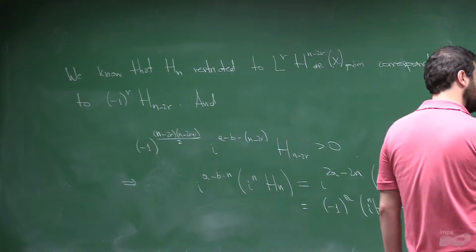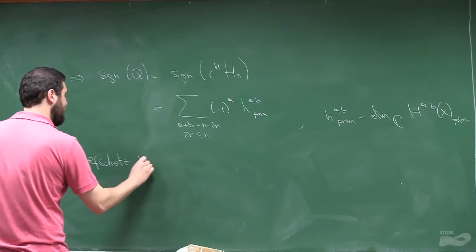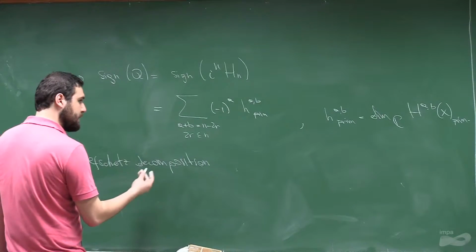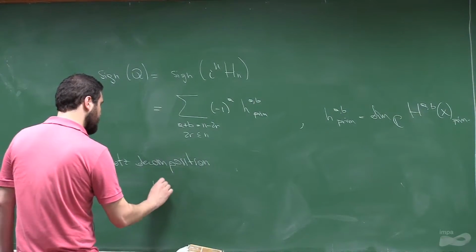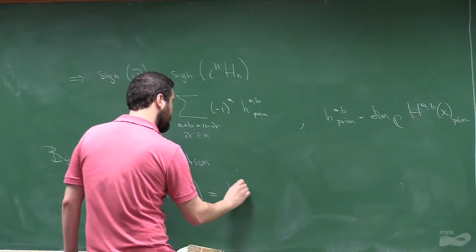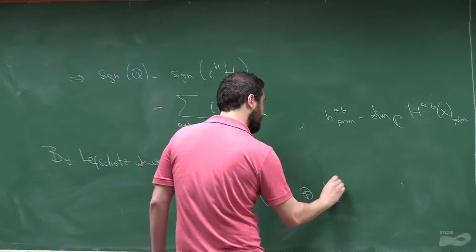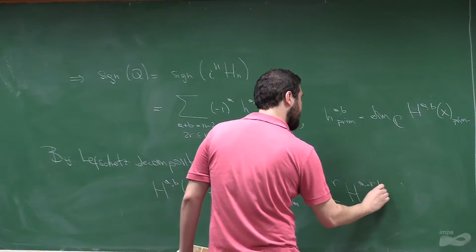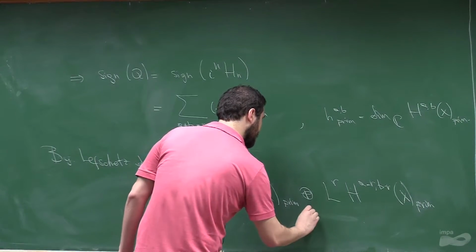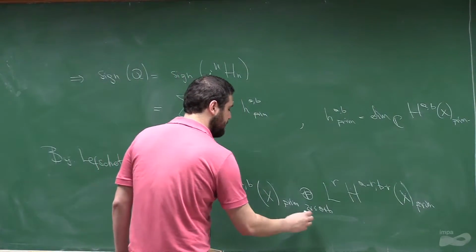And so again, now we know by Lefschetz decomposition that H^{a,b}(X) will be equal to H^{a,b} prime plus L^r of H^{a-r,b-r}(X prime) for all 2r less or equal than a plus b and bigger than 0, right?